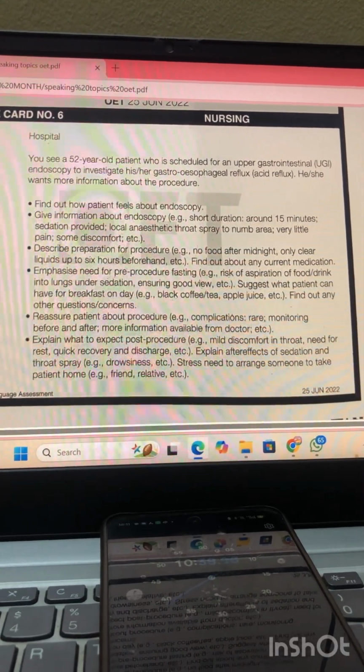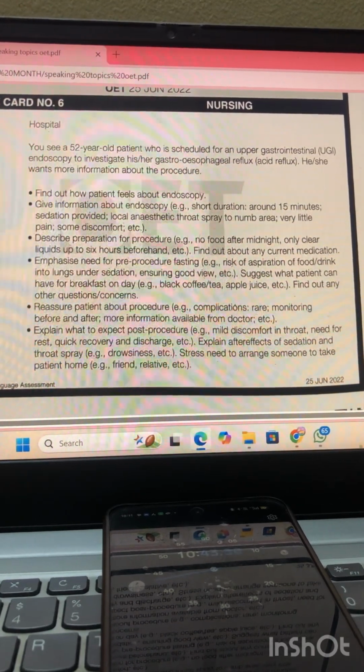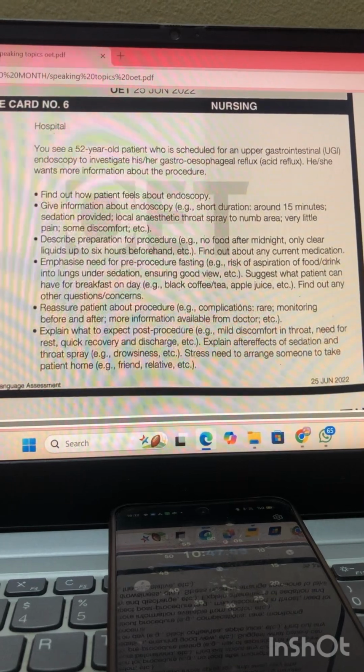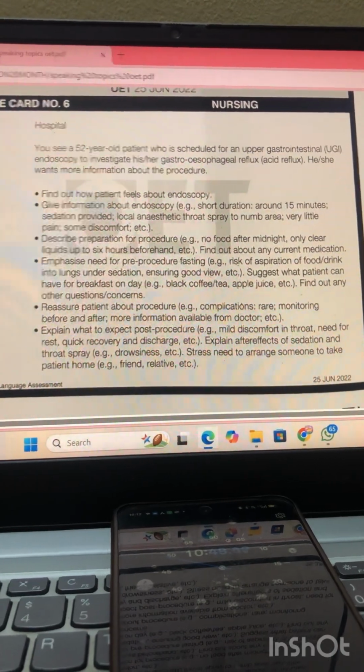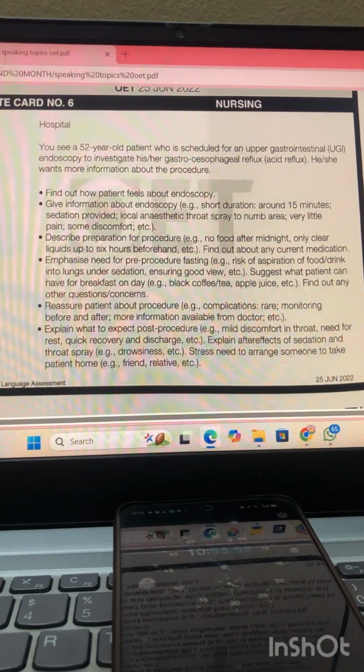And then you can emphasize the need for pre-procedure fasting. I have already said, right? You can say before doing the endoscopy, we have the procedure of keeping off the food and liquid diet. That is called fasting.